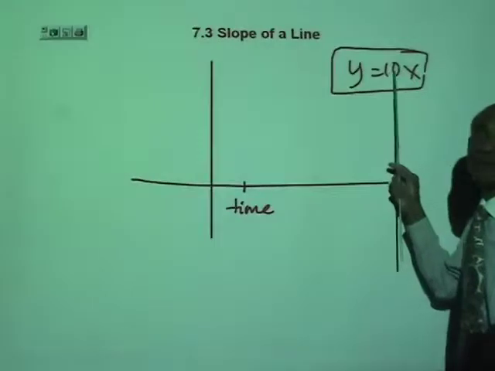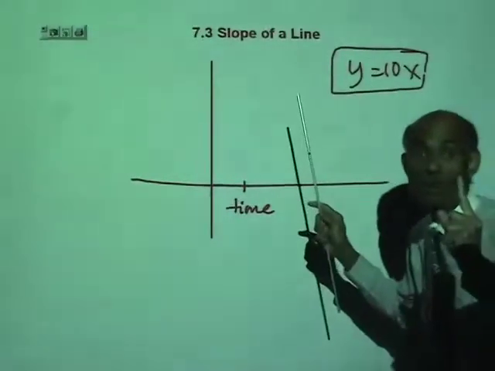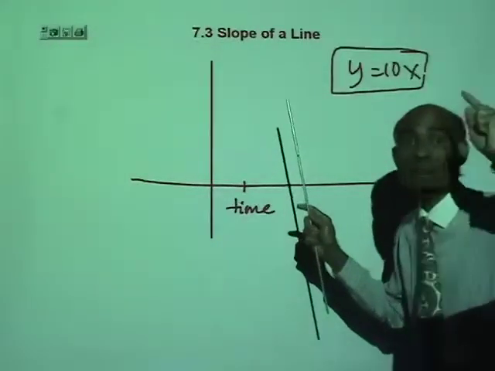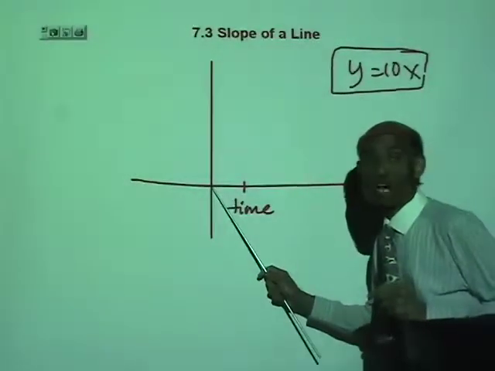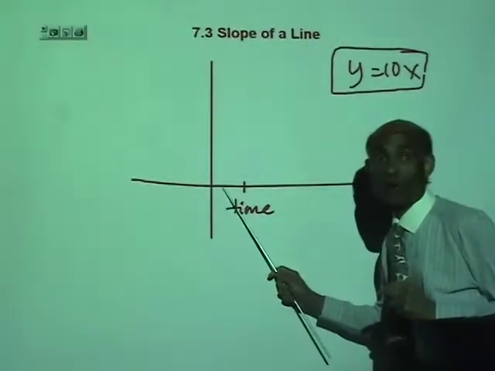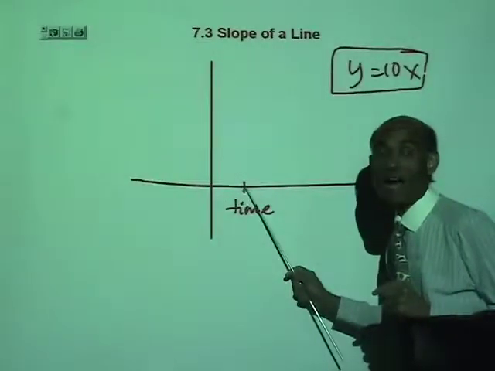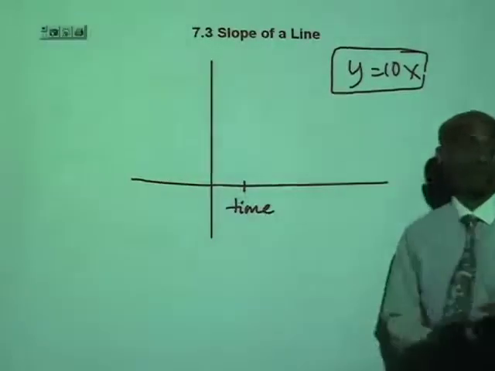What does this mean? It means every time you work 1 more hour, your money will increase by $10. You see that? So I start here at 0.